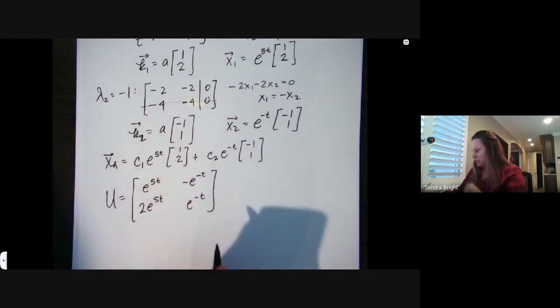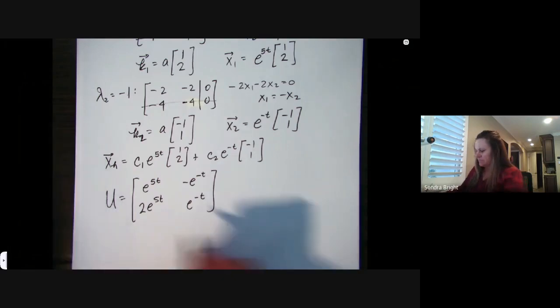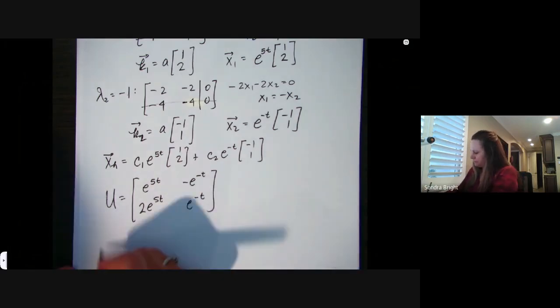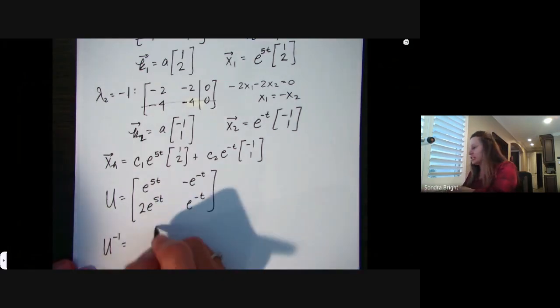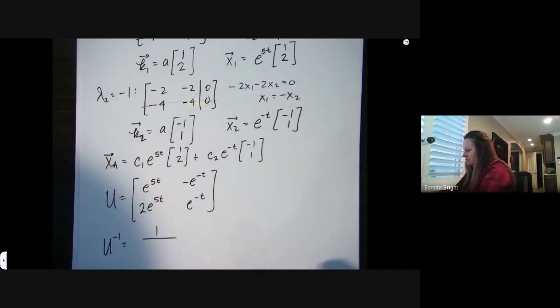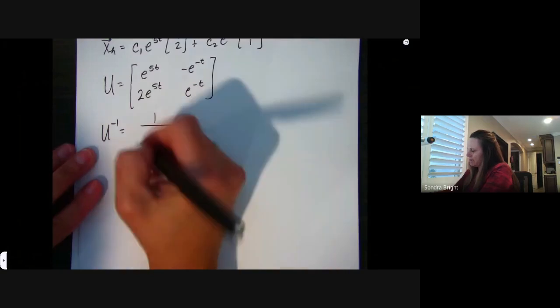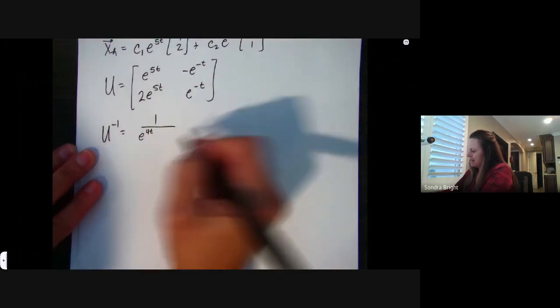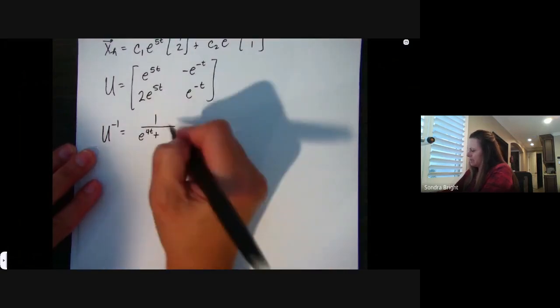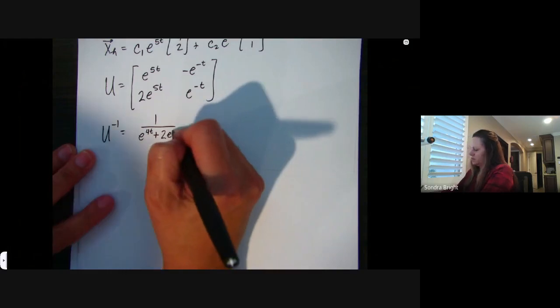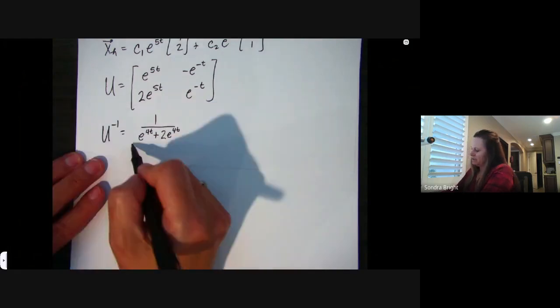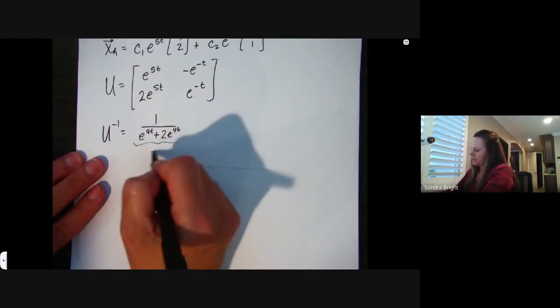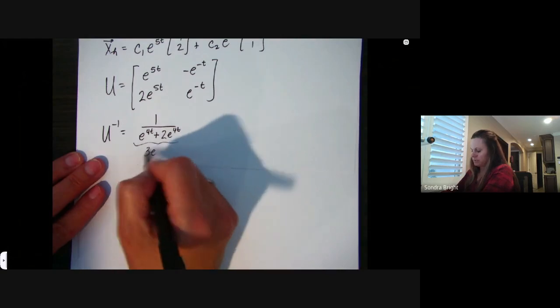Okay, so now I'll find the inverse of this guy. It would be 1 over the determinant, which would be e to the 4t minus negative 2e to the 4t, which means this is 3e to the 4t.